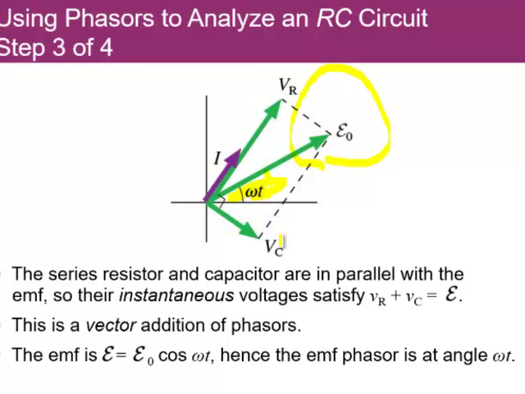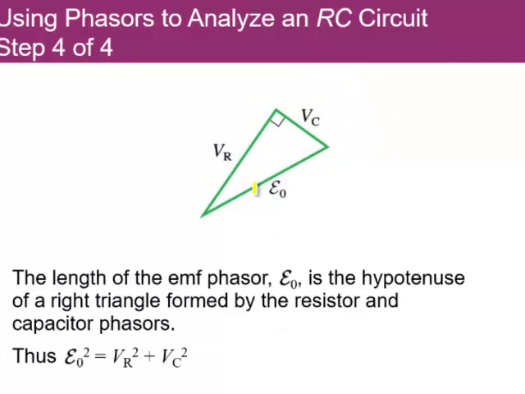And then we want to get the magnitude of this vector in terms of VR and VC. As always, for a right triangle, the length of the hypotenuse, which is what this E naught represents, is going to be: E naught squared equals VR squared plus VC squared.